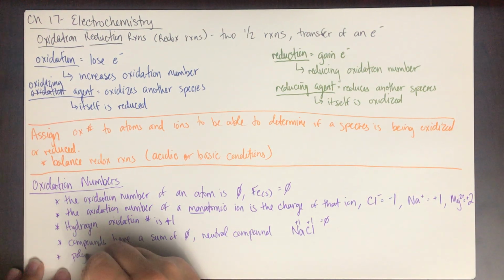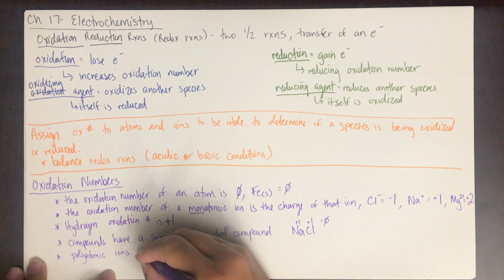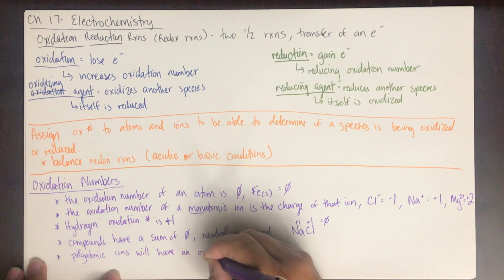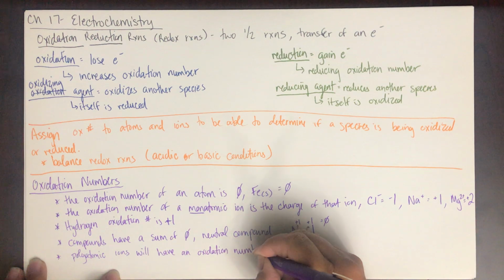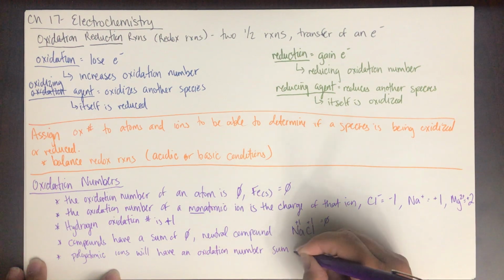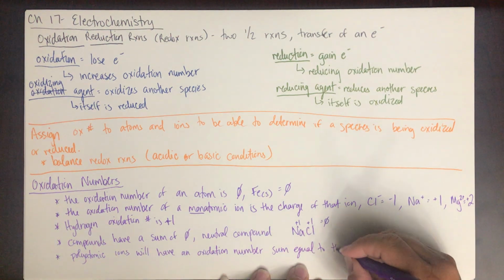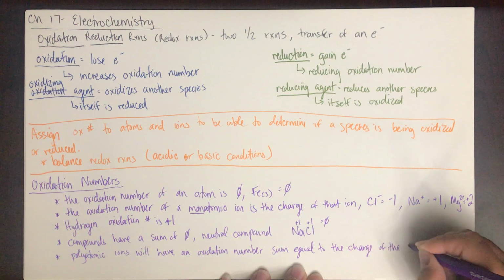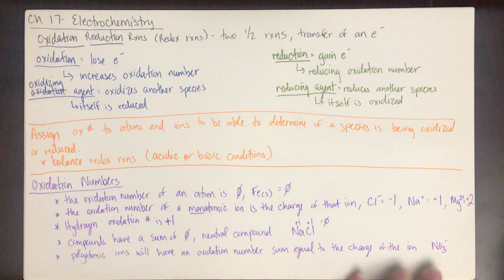Polyatomic ions will have an oxidation number sum equal to the charge of the polyatomic ion. So we haven't covered this yet, but for example, nitrate has a charge of -1.